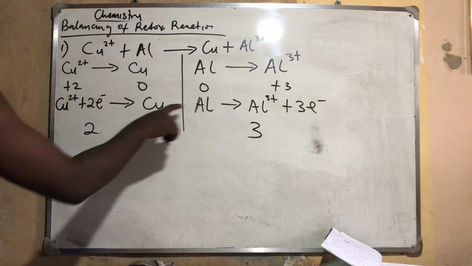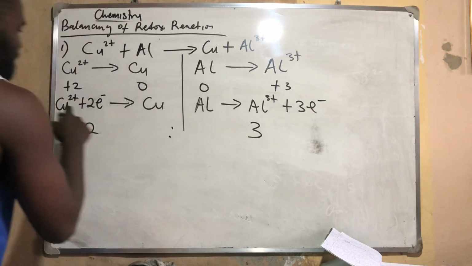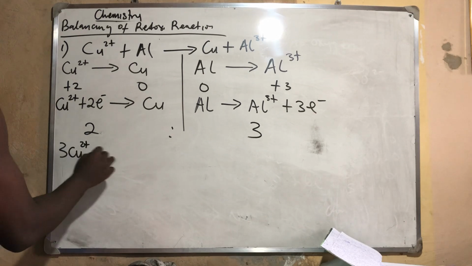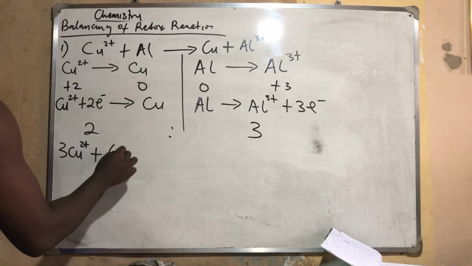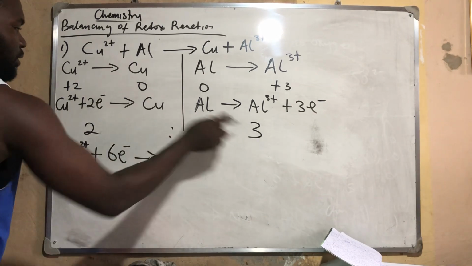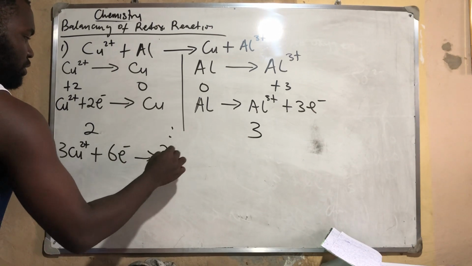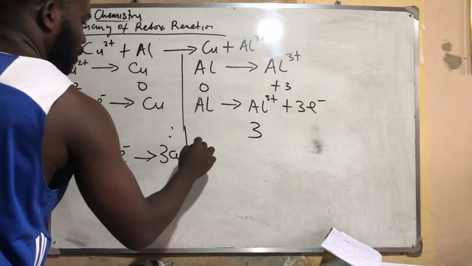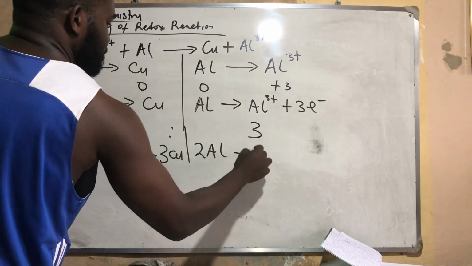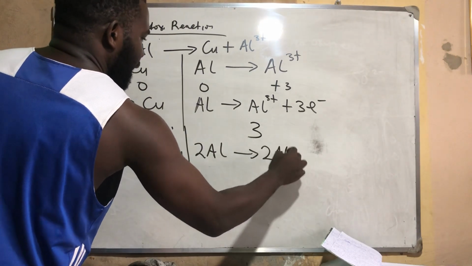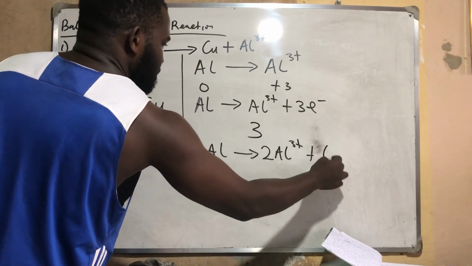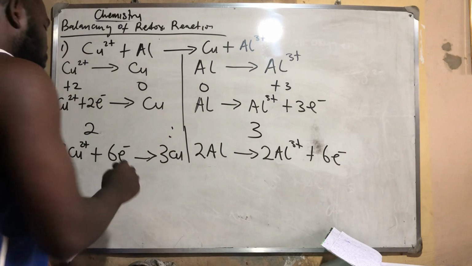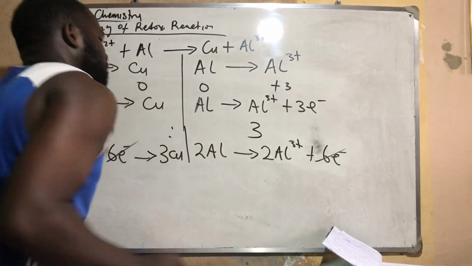So 3 times this will give you 3 Cu2+ plus 6 electrons to give 3 Cu. Then 2 times this will give you 2 Al to give 2 Al3+ plus 6 electrons. You now notice that the electrons are now equal. You cancel them out.